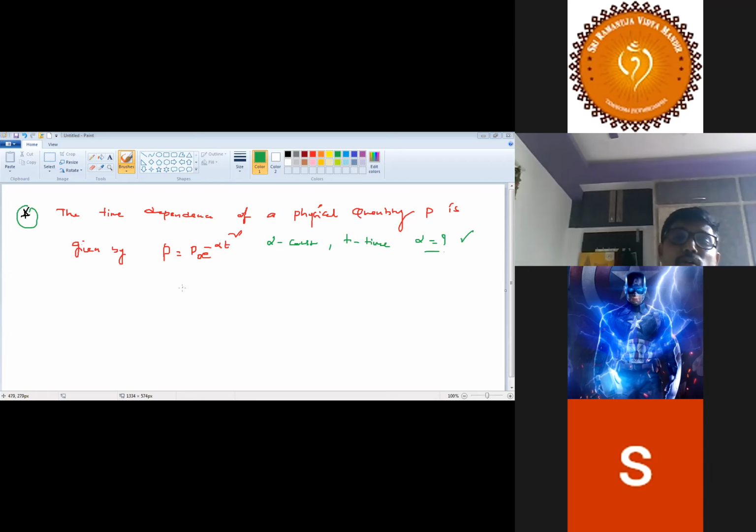So as usual, you know guys, e power minus alpha t square is dimensionless, right? So alpha t square is equal to 1. So alpha is equal to 1 by t square, which you can write as 1 by second square. Of course, T power minus 2. This is the answer. The dimensional formula for alpha is M0 L0 T power minus 2.